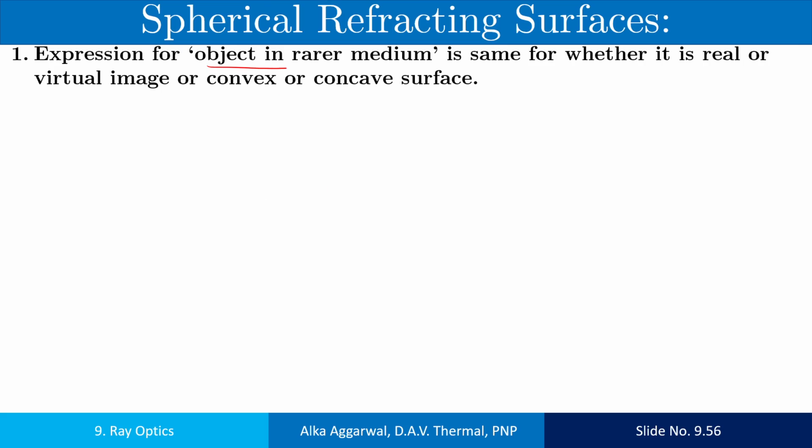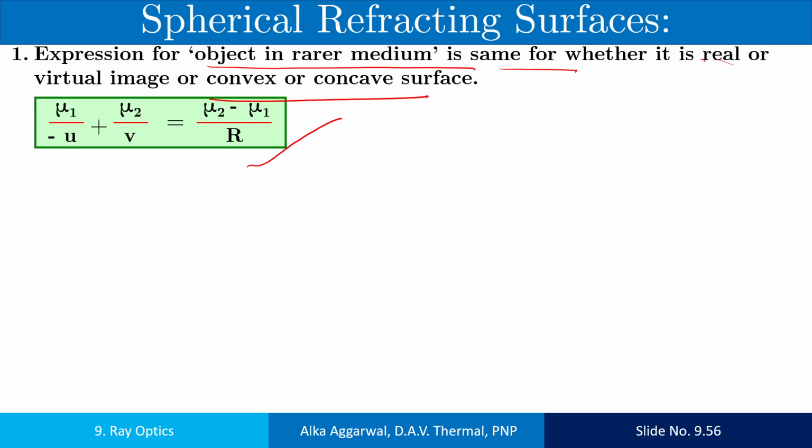Expression for the object in rarer medium is same whether the surface is concave or convex, image is real or virtual. In all the three cases, the relationship is same.